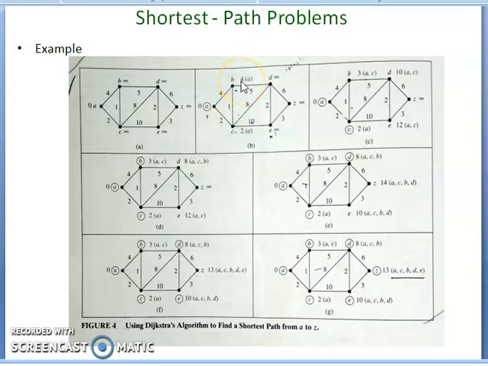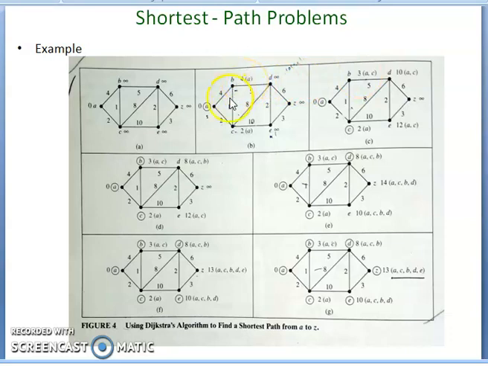But update it with the path also. In the previous case, you got the 4 directly from A. Now you update with 3, and the path is A to C to B. So that's why it is 3 of A comma C. In the previous case, the B value is 4 of A, meaning directly from A to B the distance is 4.